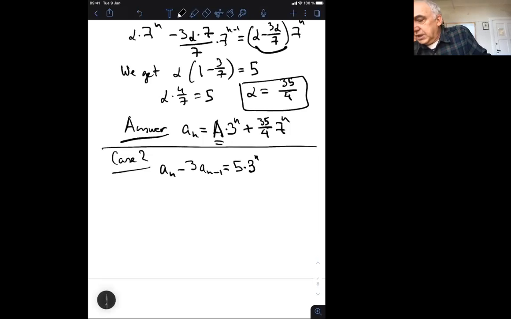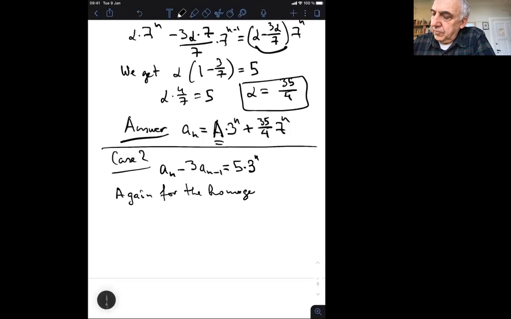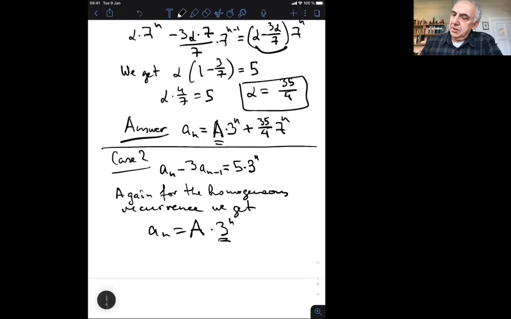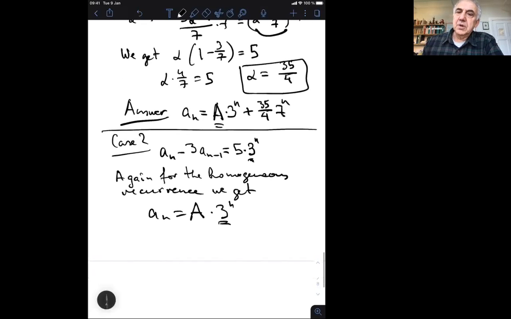This is a more complicated case because again, for the homogeneous recurrence, we get a n equals capital A times 3 power n. But now this 3 and this 3 is the same 3. In other words, the right-hand side is a solution of the homogeneous equation.